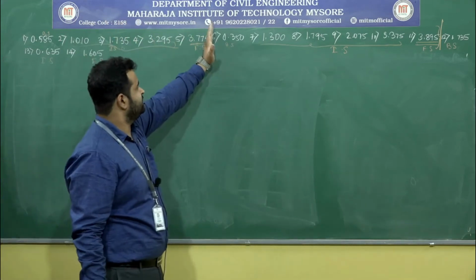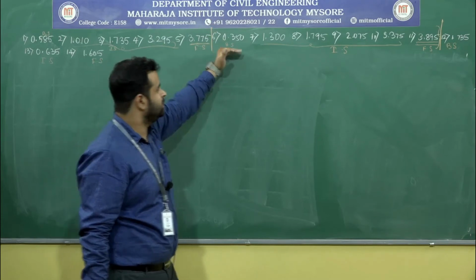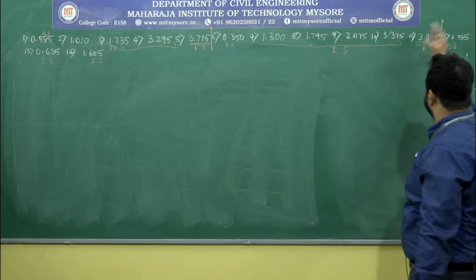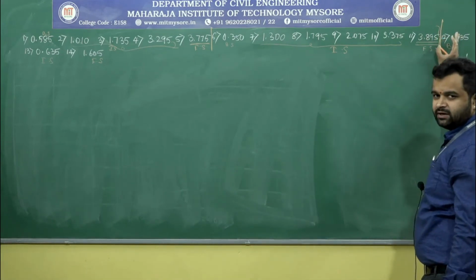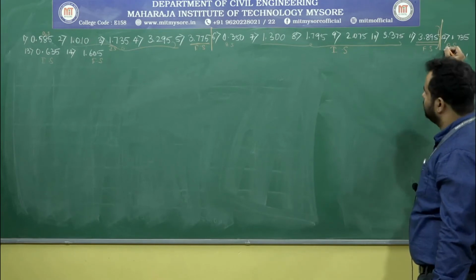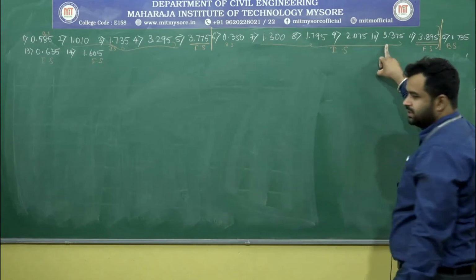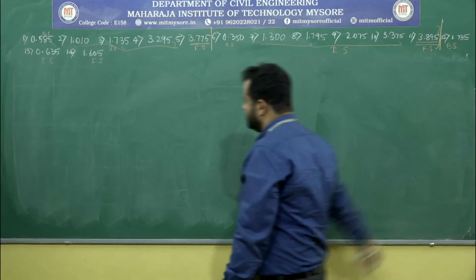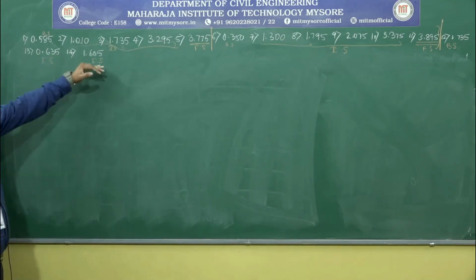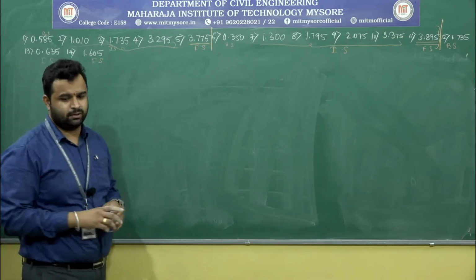Similarly, if the instrument is shifted to a new point now, this reading will come under BS, and the instrument is shifted after 11th reading. So taking this reading, the instrument is shifted. So this will be FS, this will be BS, and if this is BS, all these readings should be written under IS. Next, after BS, this is not the last reading, so I have written IS and this should be FS. So this will give you a hint to write the tabular column.